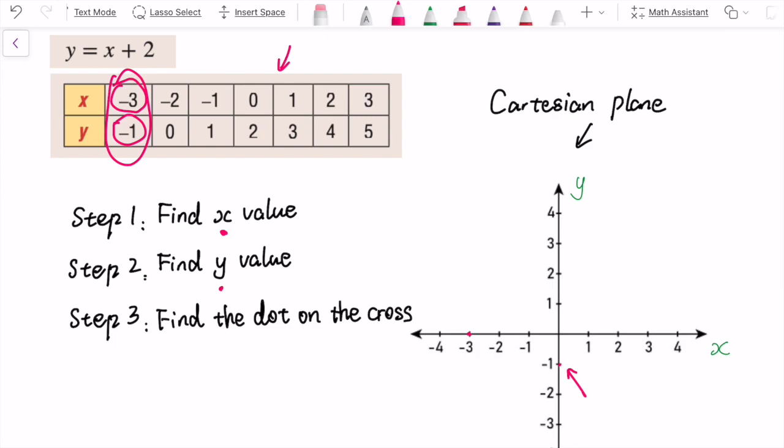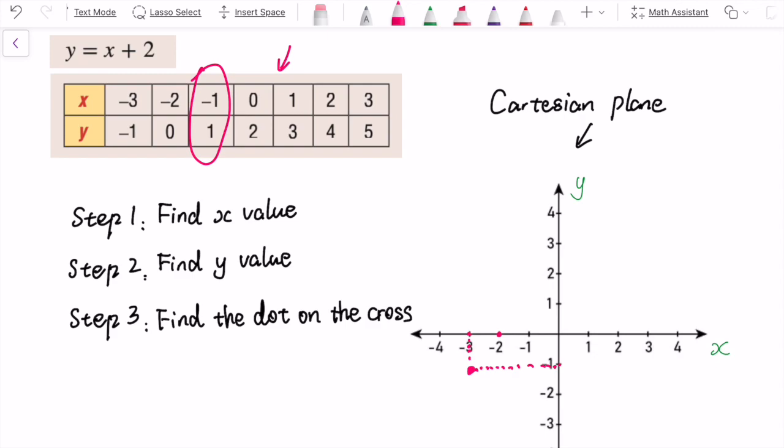So step 3, find out the dots on the cross, which is here. Group 2, x equals -2, which is here. y equals 0, which is here. So we have a dot on the cross, which is here.